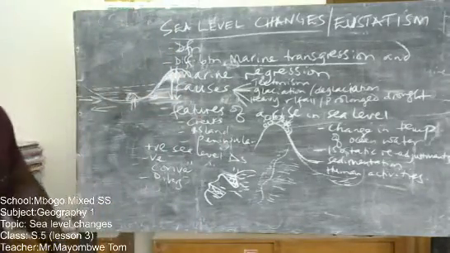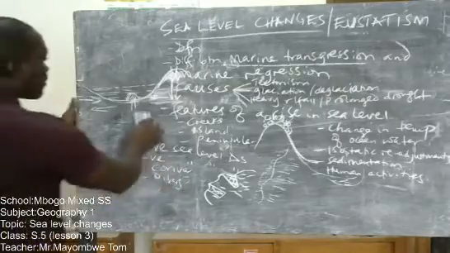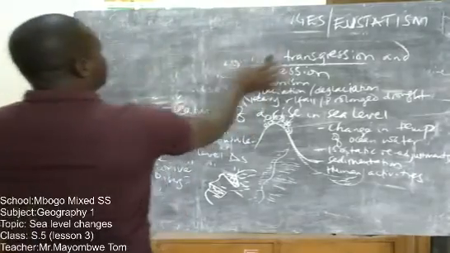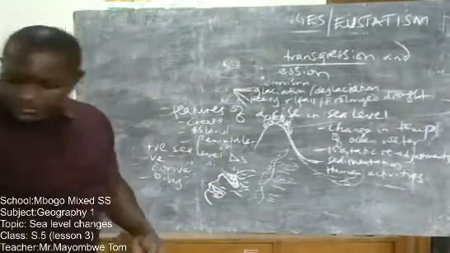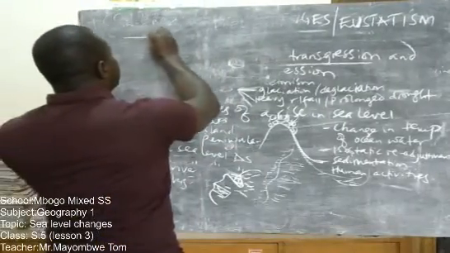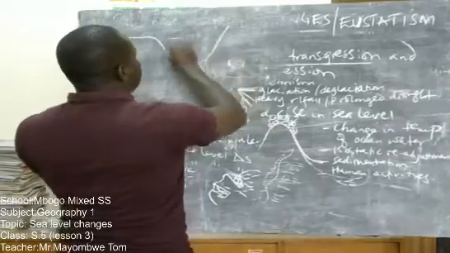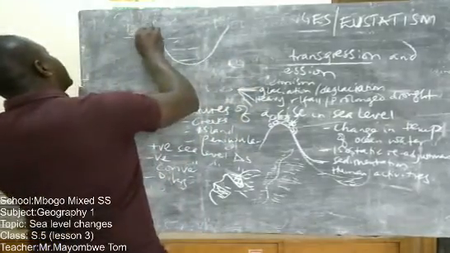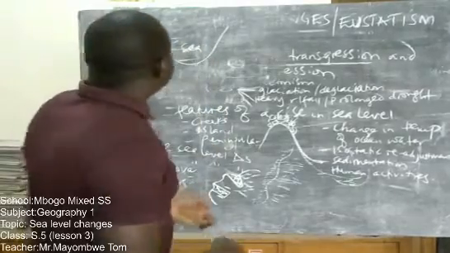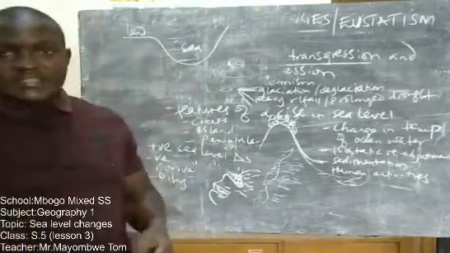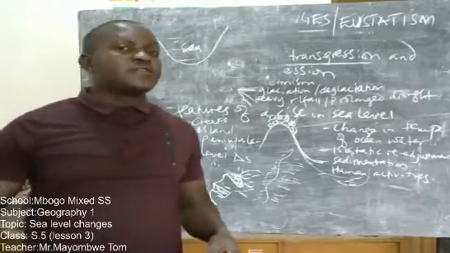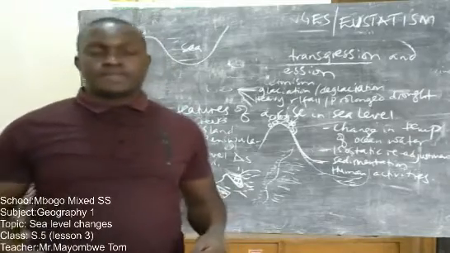If this is the land, then this is the sea. This is the land. Then this is the sea. So we have said isostatic readjustment refers to the rise and fall of the land relative to the sea.